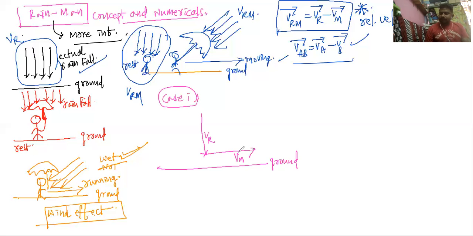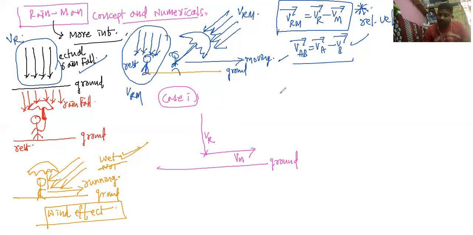Definitely for him, the velocity of the rain will not appear in a straight line, not vertically downwards, because the person is moving. In which direction does it appear? In some other direction.